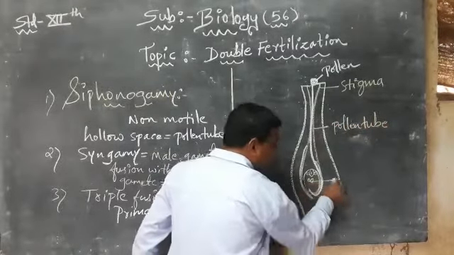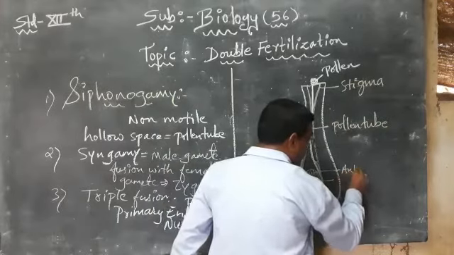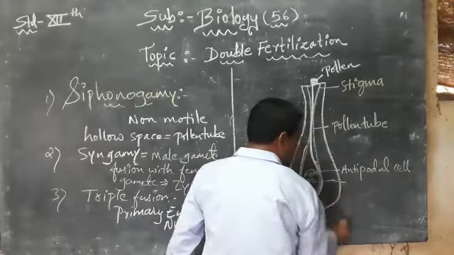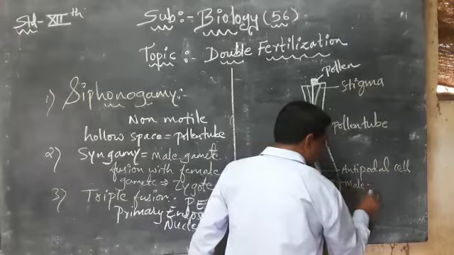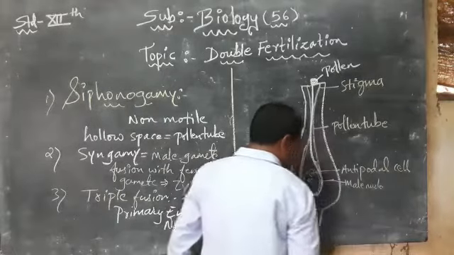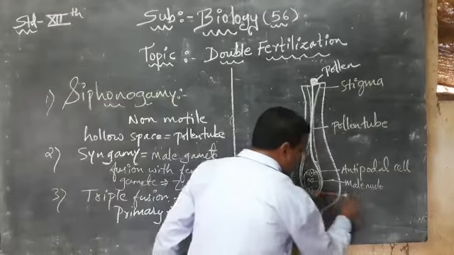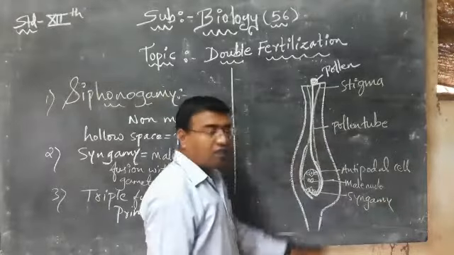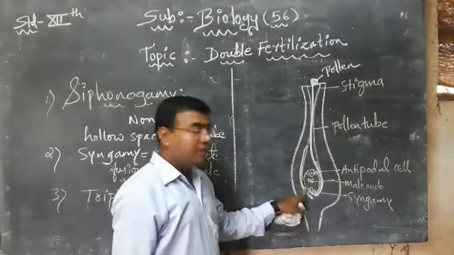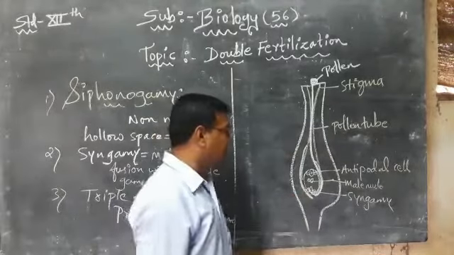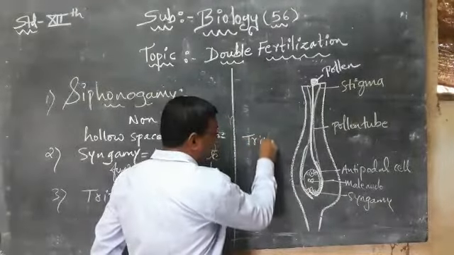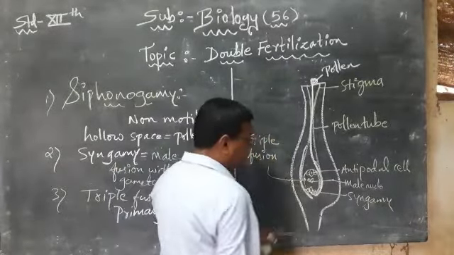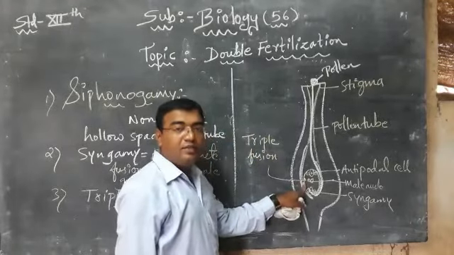These are the two polar nuclei, antipodal cells, two male nuclei, synergids, and the fusion of the male nucleus with the egg cell is syngamy, and here we get the triple fusion. It takes place with the fusion of secondary male gamete with the secondary nucleus.